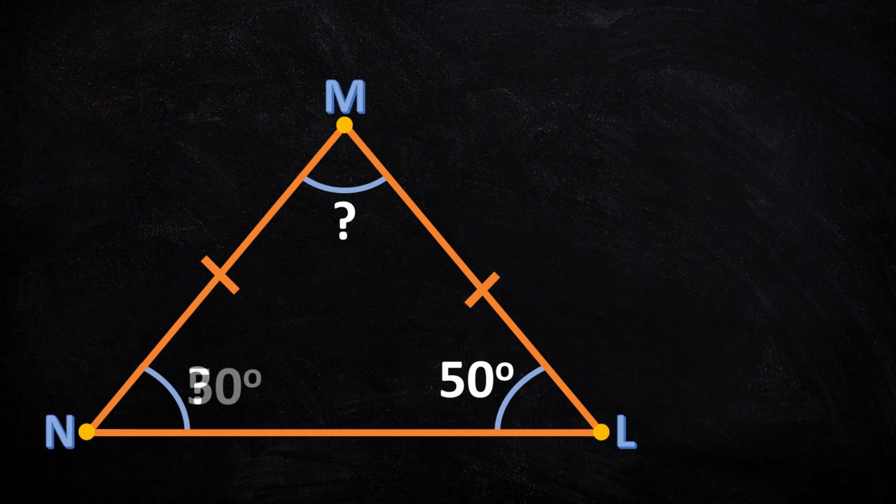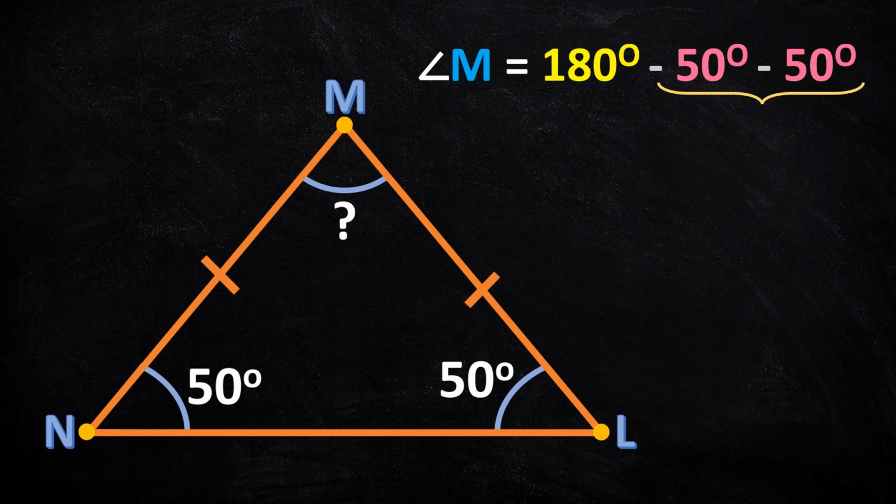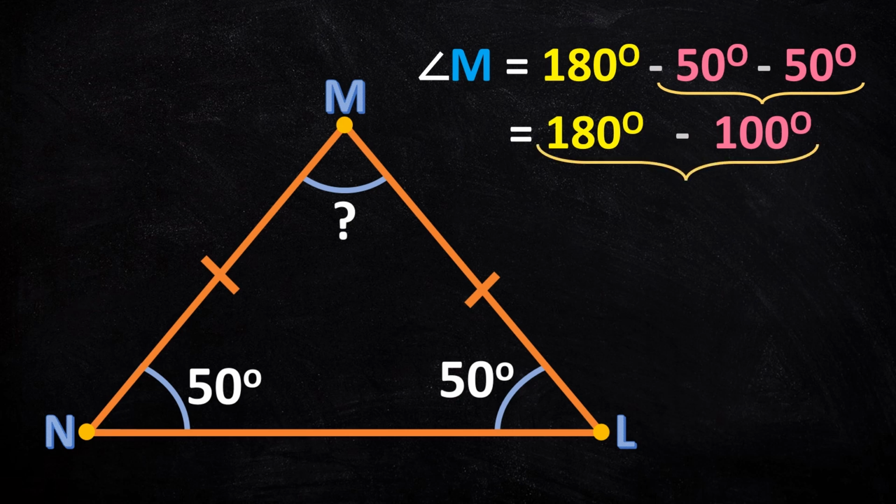So we know that this angle is also 50 degrees. 50 plus 50 is 100, and we subtract that from 180 and we get 80 degrees, and that's the measure of the missing angle.